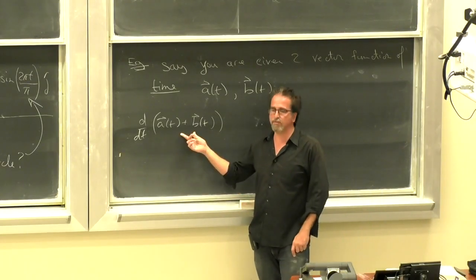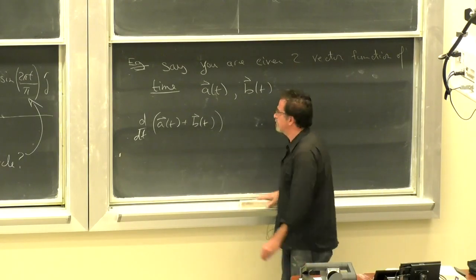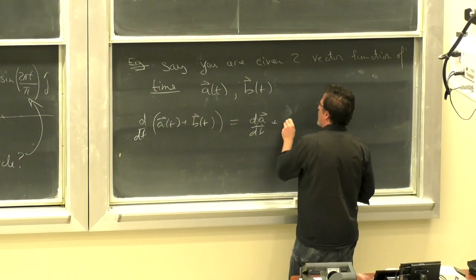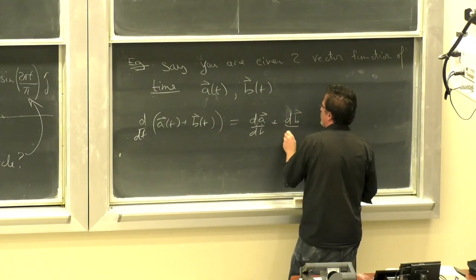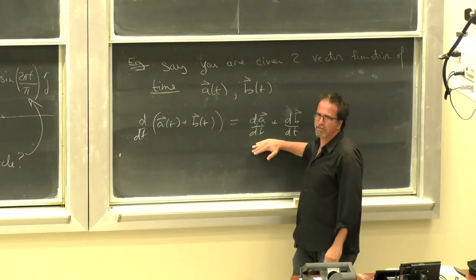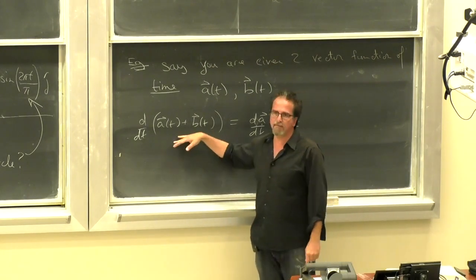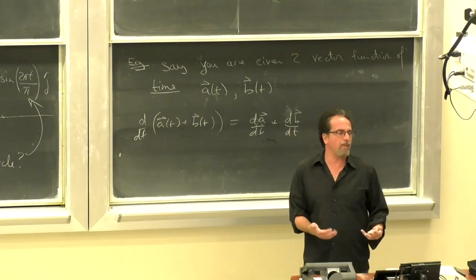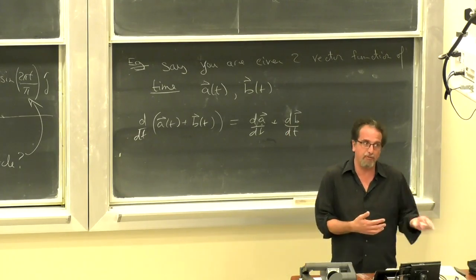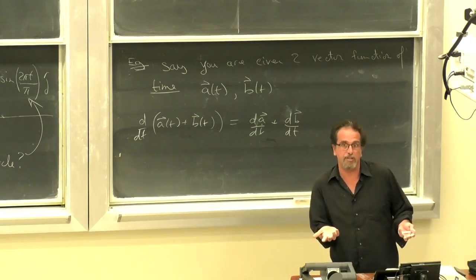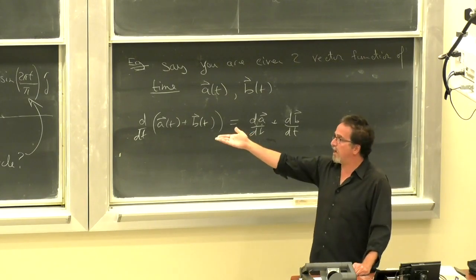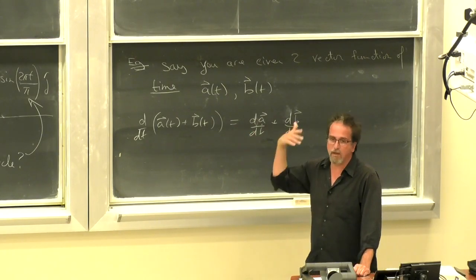You can add those vectors and differentiate them, or you can differentiate those vectors and add them. This is differentiate first and then add. This is add first and differentiate. Well, we know that if you had two functions of time, those operations commute. Vector-valued functions of time have the same property.